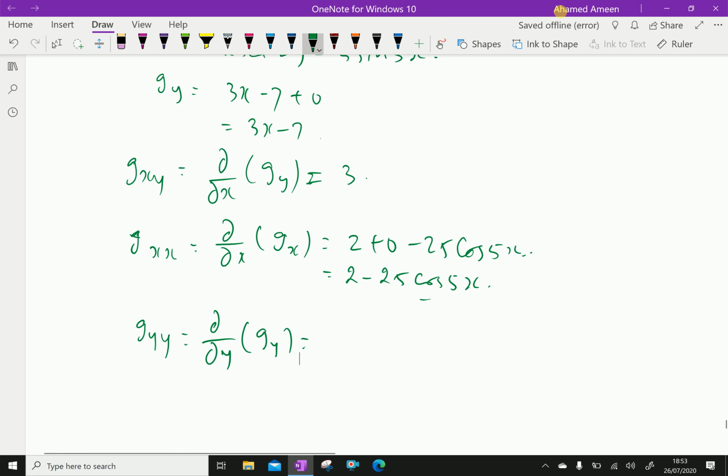Already g of y we have 3x minus 7, so differentiating with respect to y one more time, the result is 0, because here there is no y term in this.